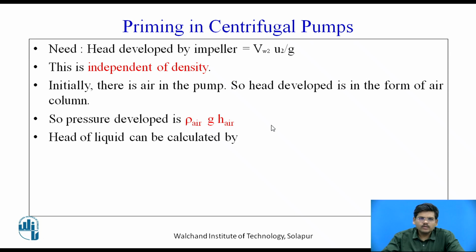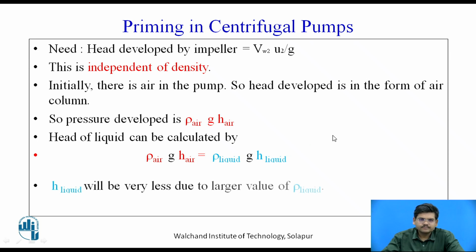Now we know that we will be working with a liquid rather than air. So to calculate the pressure developed for the liquid, we can equate the pressure developed for air to the pressure developed for the liquid. Specifically, centrifugal pumps are used to lift fluids. Let us consider water in this case.